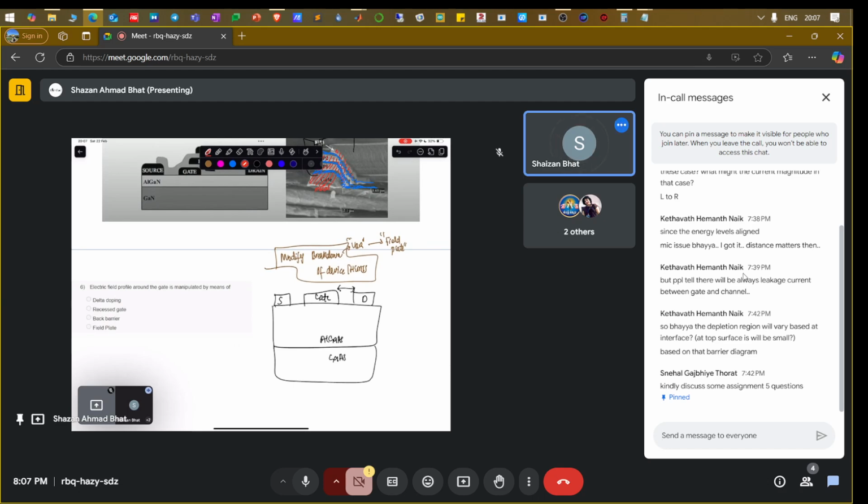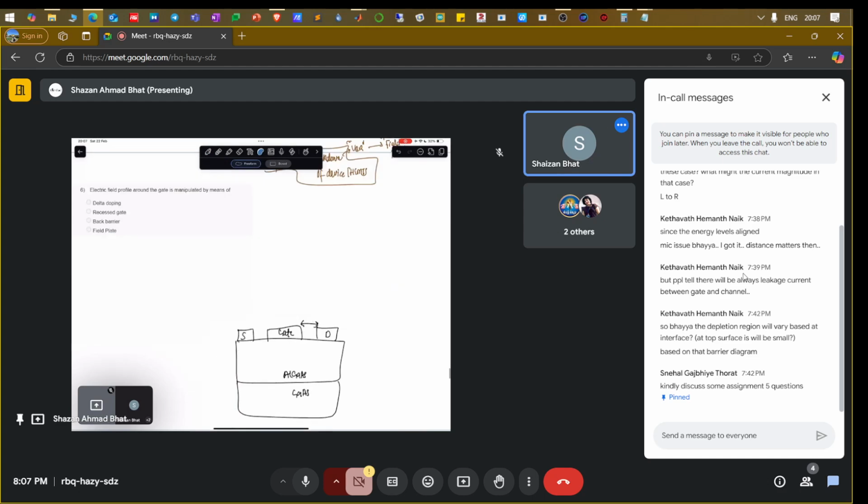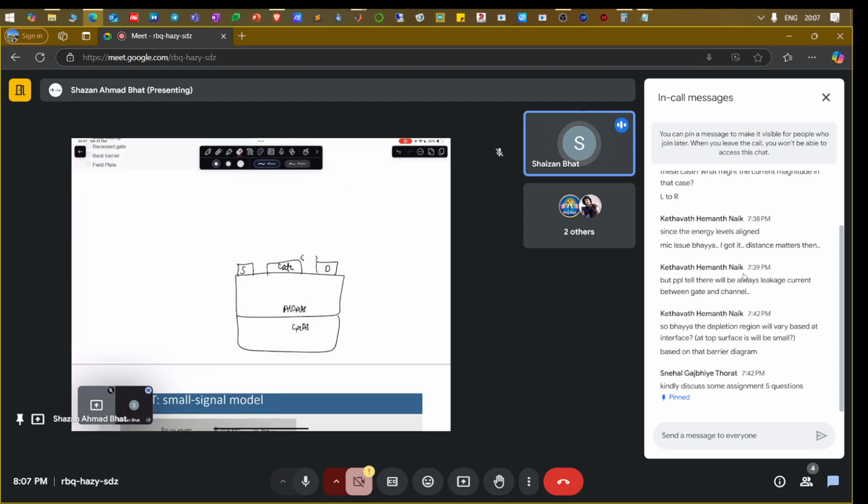Let me draw it here because there's no space. If you have a gate plate over, let's say you have first a dielectric, then a gate plate, and then another dielectric layer, and then another gate plate.